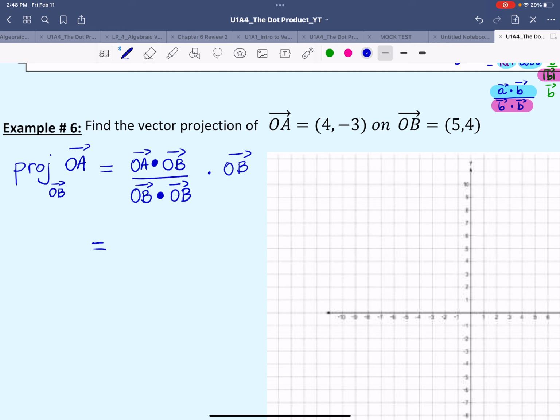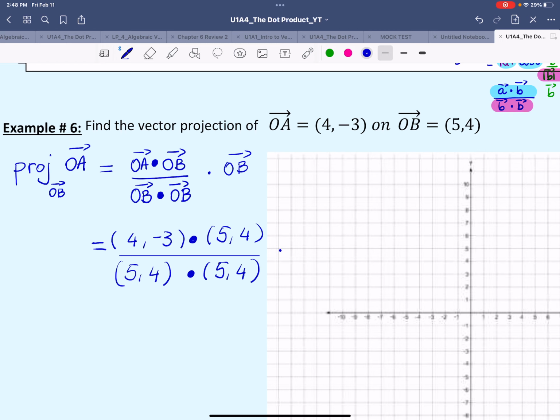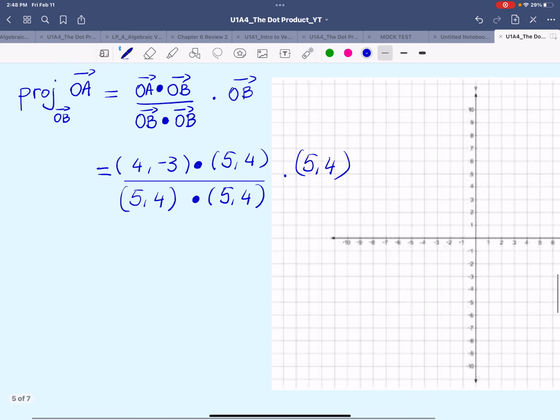Now let's dot product these vectors. So we know how to do this. We have 4 and negative 3, that's OA, dot 5 and 4, over, down here we have 5 and 4 dotting itself, and then here we have the vector 5, 4, vector OB. So again, the same drill: X is together, Y is together, and you add them.